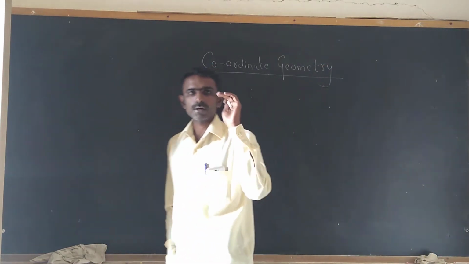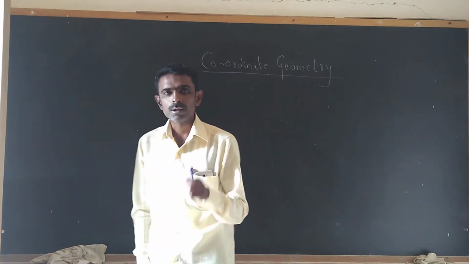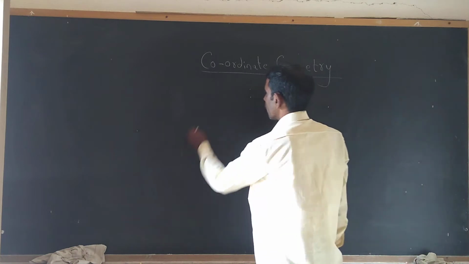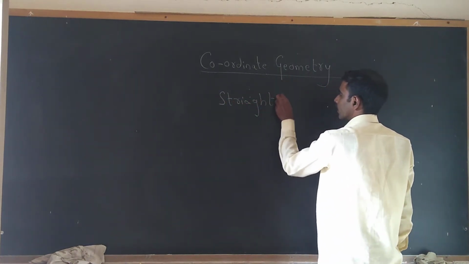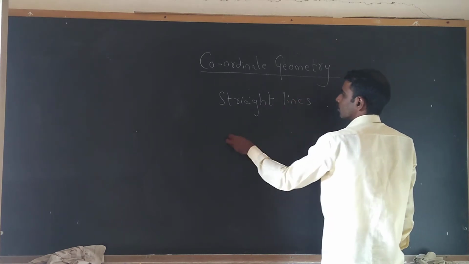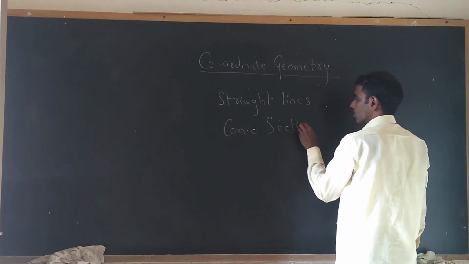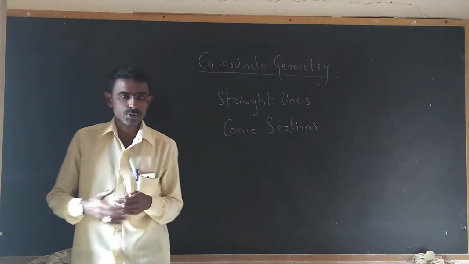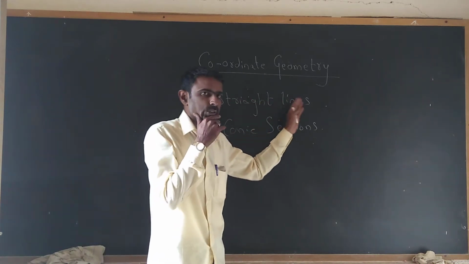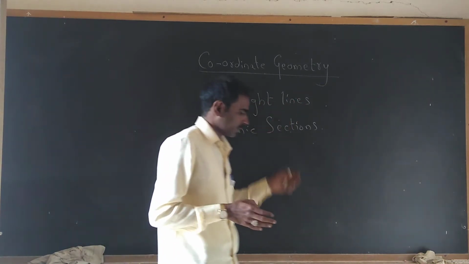The chapters that you are going to study in this coordinate geometry are straight lines and conic sections. The first one that we are going to study is about straight lines.